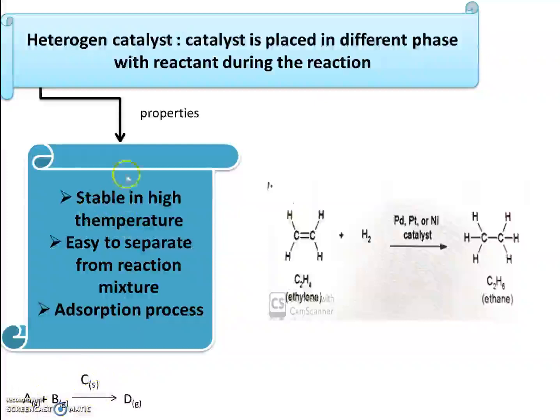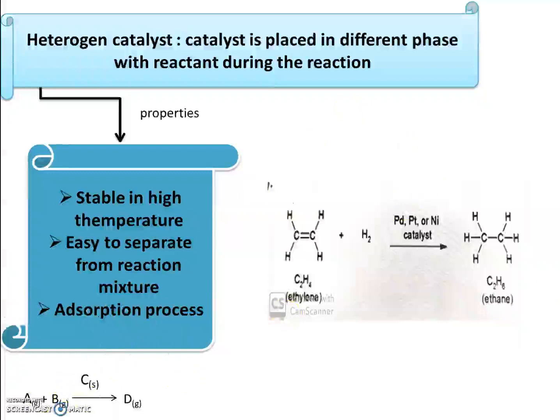The properties here: stable at high temperature, and easy to separate from the reaction mixture, as we know the phase is different, it's heterogen, and then an adsorption process happens. What's the adsorption process? I will explain in the reaction mechanism later.